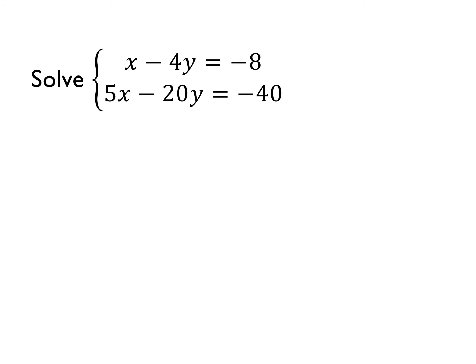If we look at this other example, you can use elimination or substitution, it doesn't matter. If it were me, I would probably choose to multiply equation 1 by -5. And -5x plus 20y equals 40. And then equation 2.